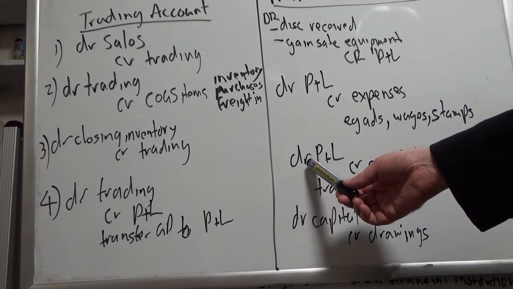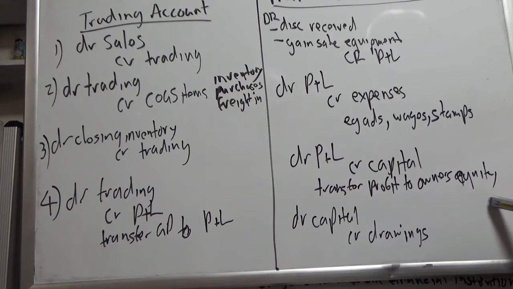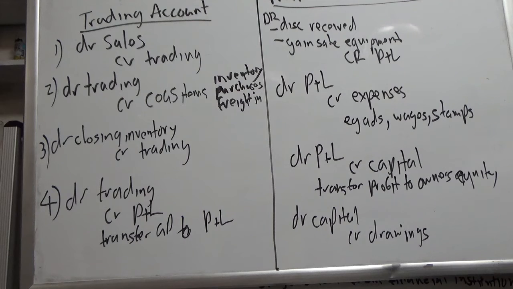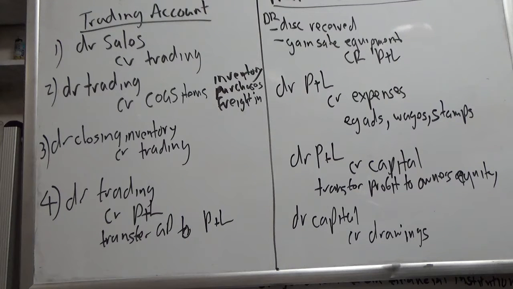Also, you debit profit and loss and credit capital when you transfer profit to owner's equity. So that profit for the year becomes old profits and it's transferred to the balance sheet in owner's equity. And that's the general journal entry to do that.